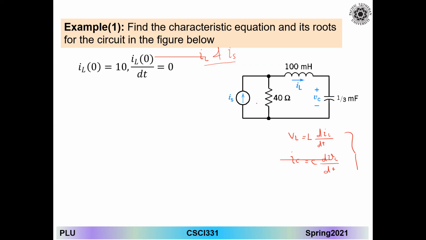Or I can use the second method. I have here a current source in parallel with a resistance, so I can use source transformations.